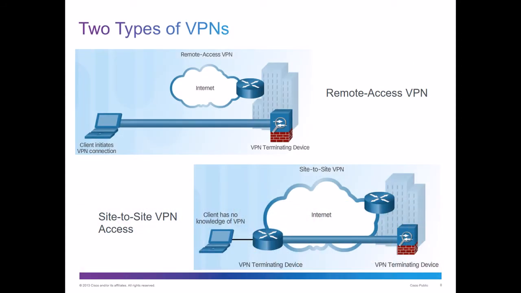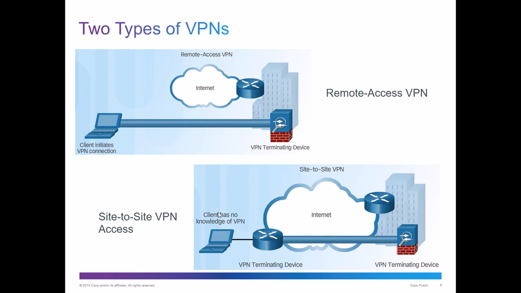Okay, so remote access VPNs are when you have a client on your computer that can actually initiate a VPN connection to the terminating site. Anytime you use HTTPS, you are actually initiating a VPN connection to the server you are trying to connect to. With a site-to-site VPN, you are at a remote site where you send your data to the router and the router will set you up.